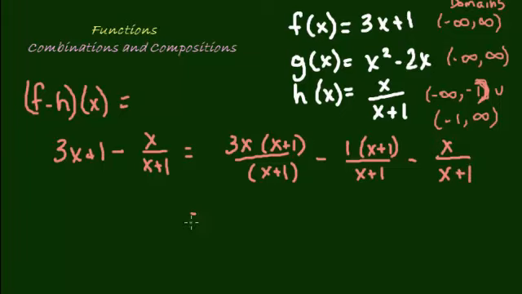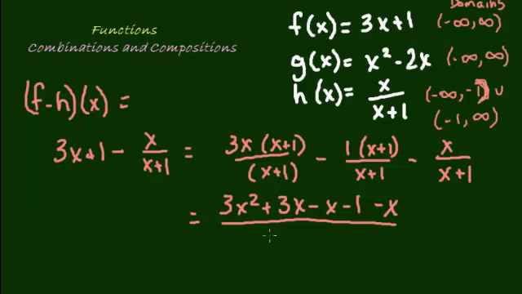And then this is going to equal 3x squared plus 3x minus x minus 1 minus x, all over x plus 1. Combining like terms, I'll get 3x squared, minus, looks like 3x minus x minus x will just be minus x, and then a minus 1, all over x plus 1.